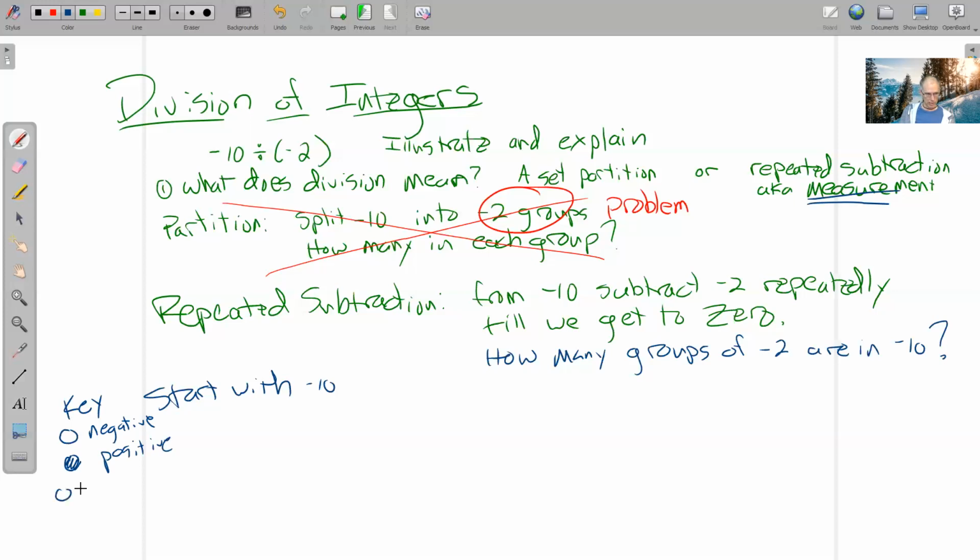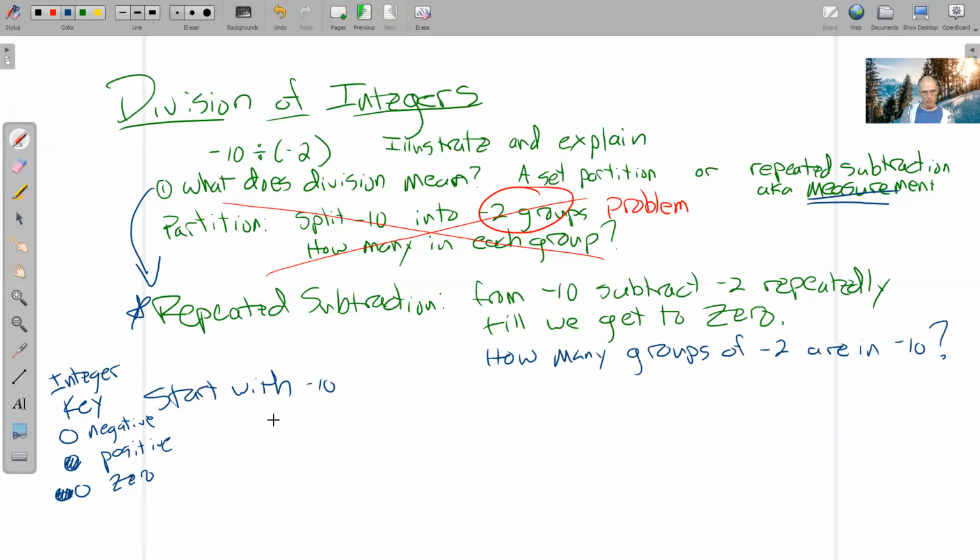And don't forget 0 is an integer, and that's 2 of them together, so that would be a 0. So I have to state what division means, and this is what division means. And then I also have to state what it means to be an integer, which means I need to make a key for what's a negative, what's a positive, what's a 0. You could use colors, you could use pluses and minuses. Those were the 3 ways we went about doing it.